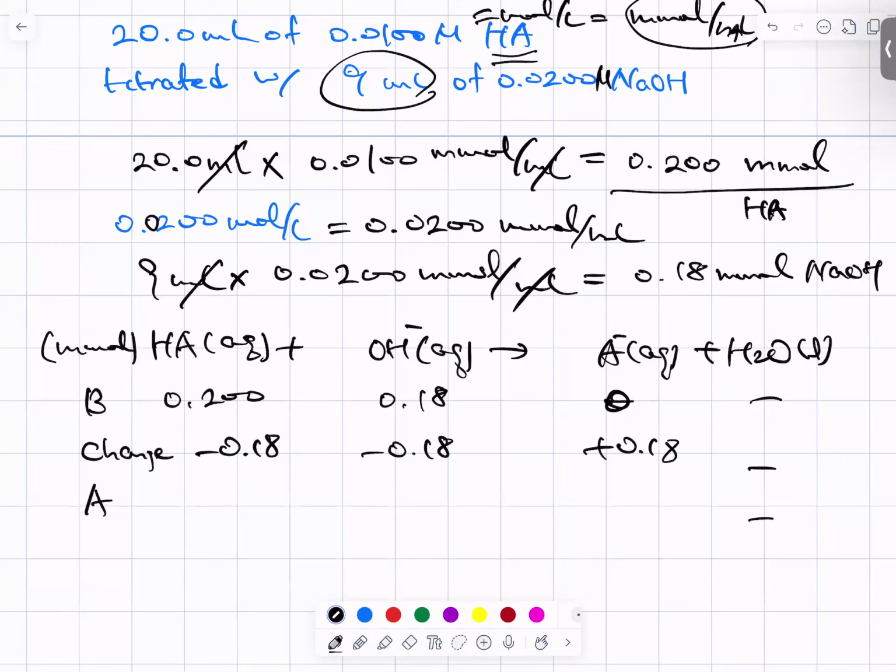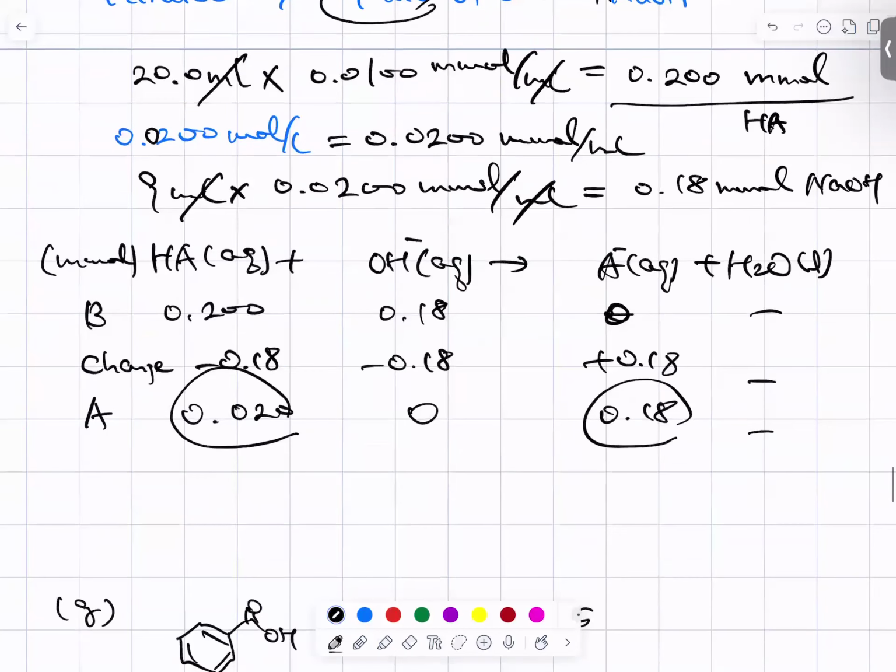So after the reaction is over, we have only 0.02 millimoles remaining, sodium hydroxide completely gone. We have 0.18 millimoles of conjugate base. So then as you see here, the conjugate base is now much more, 9 times more at this condition. So I just calculate to show you that actually it is much more. And then we don't need to calculate up to here.